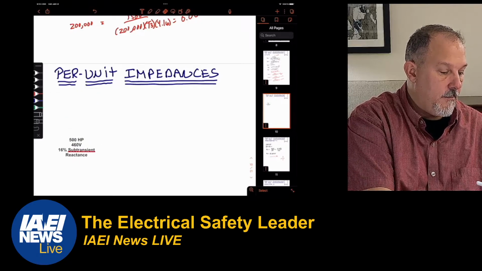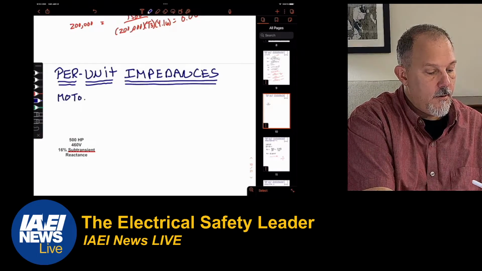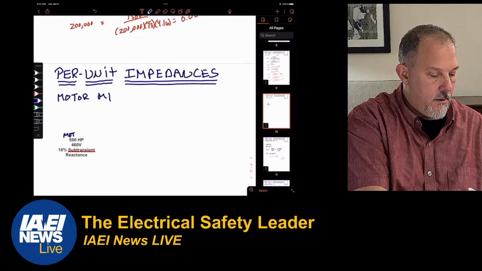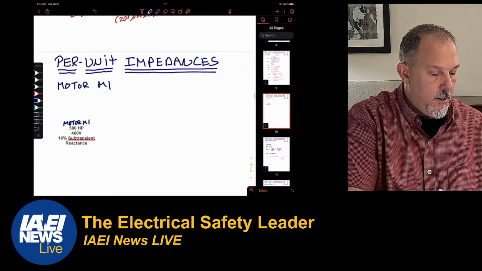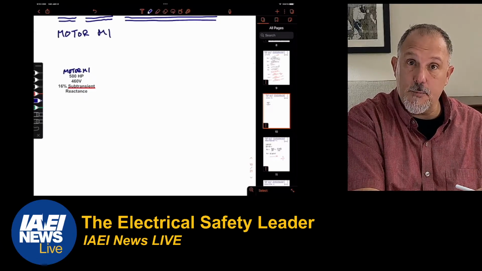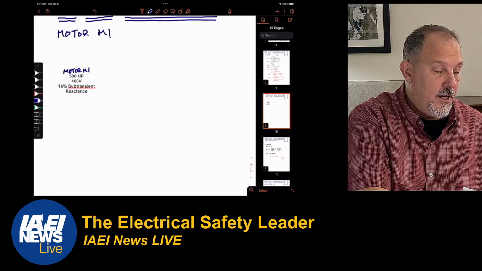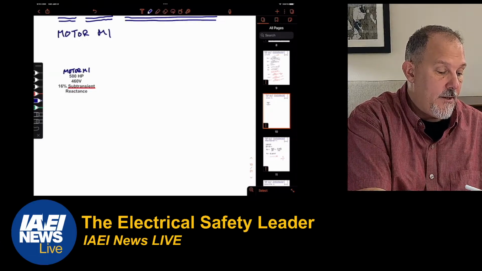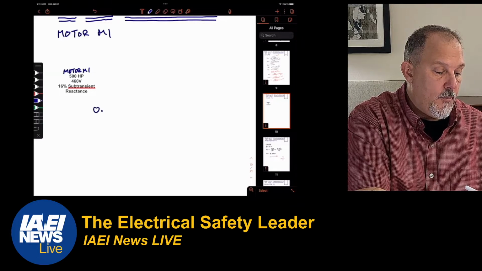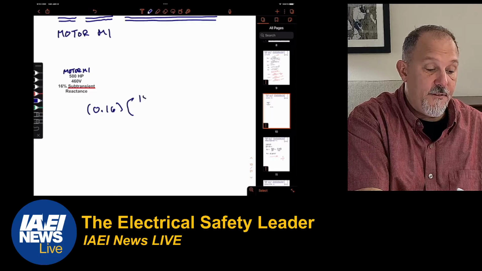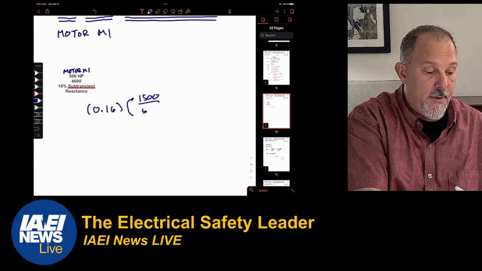This is motor M1, right? So we know we are at 16% subtransient reactance. 500 horsepower, we're going to assume it's 500 kVA. So we have 0.16 times 1500 divided by 500.